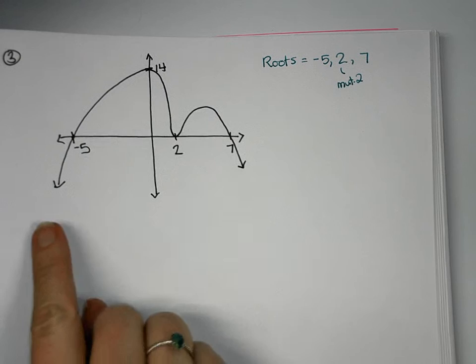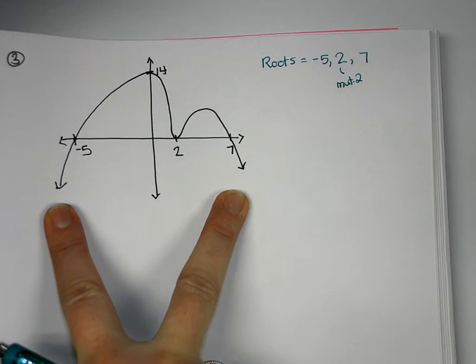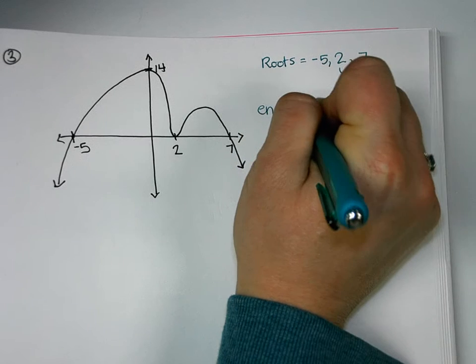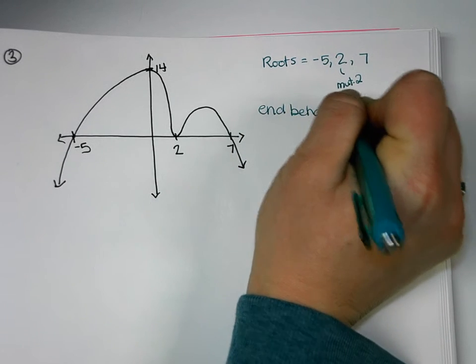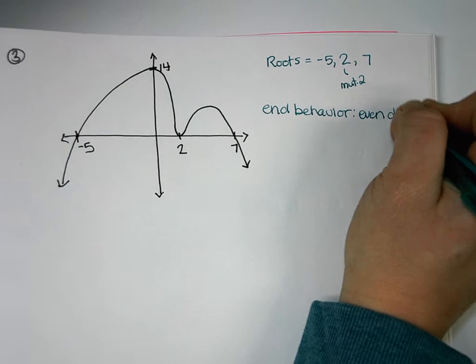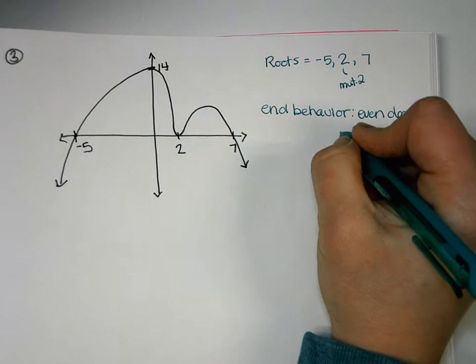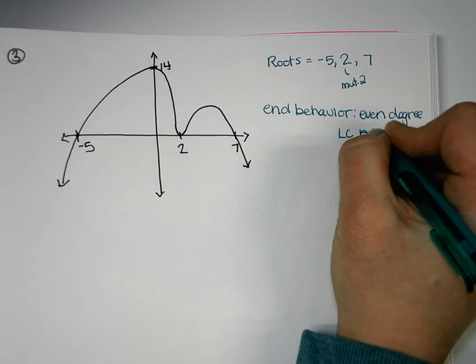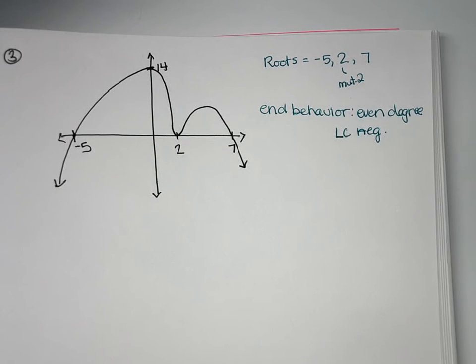Now, I also want to look at my end behavior. My end behavior tells me that I have an even degree and that my leading coefficient needs to be negative because they're both going down.